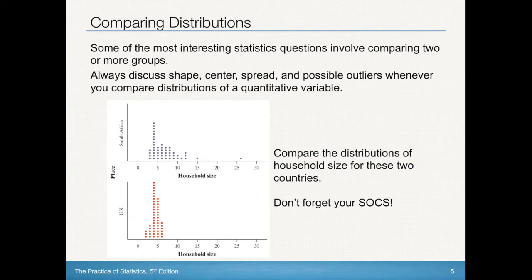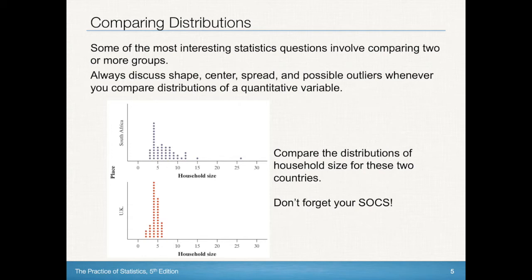I would say that the spread for South Africa is larger than the spread for the UK, and I would try my best to use whatever values I can at this point. So I would say that the main clump ranges from 3 to 12, whereas the UK ranges from about 2 to 6. And so you start trying to put numbers to it.